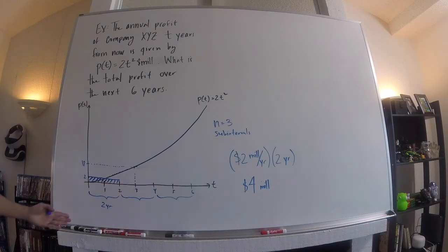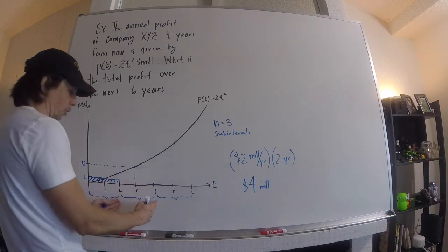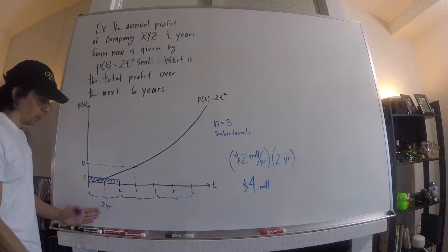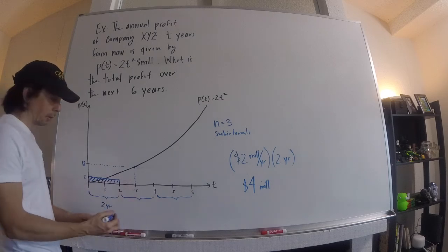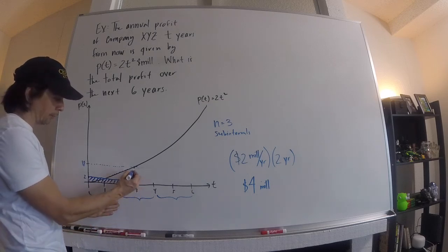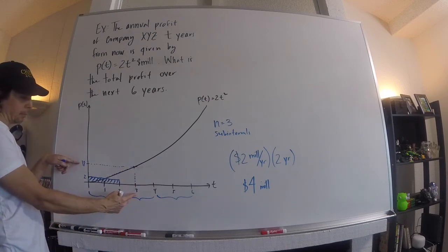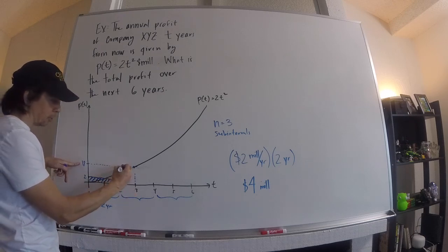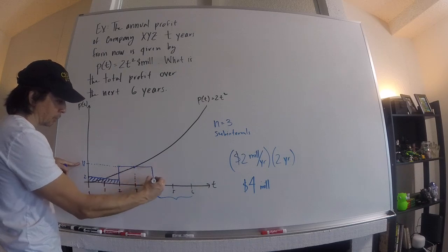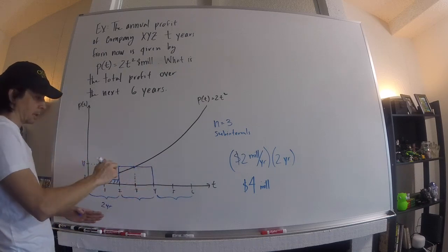Okay, moving on, because now we've got 2 more sub-intervals to do. From year 2 to year 4, we can use a midpoint as a representative value of what annual profit you're making. So 3, right here. At the end of year 3, they're making money at a rate that would earn them 18 million in profit per year. We're going to pretend that that's a steady annual profit rate that extends for the entire span from year 2 to year 4. 18 million constant.